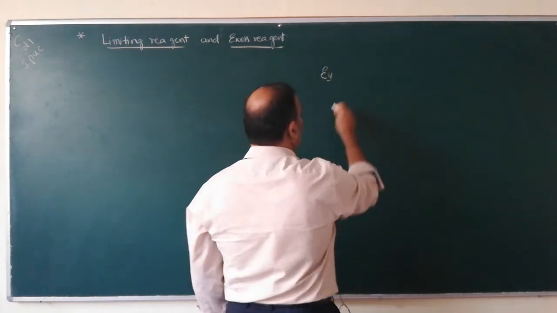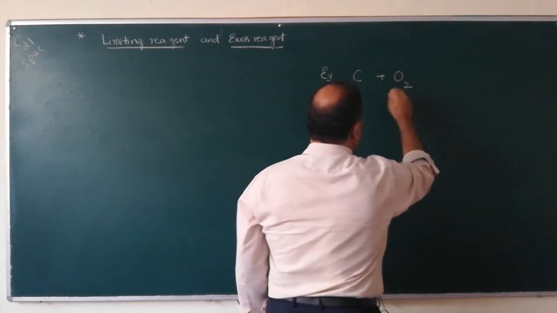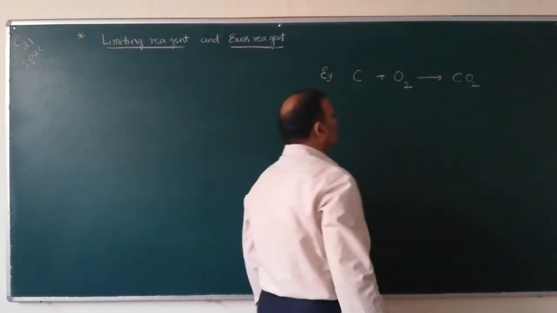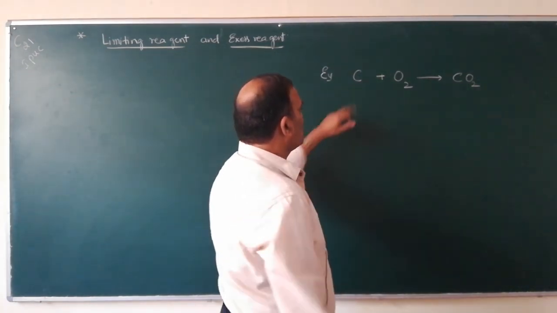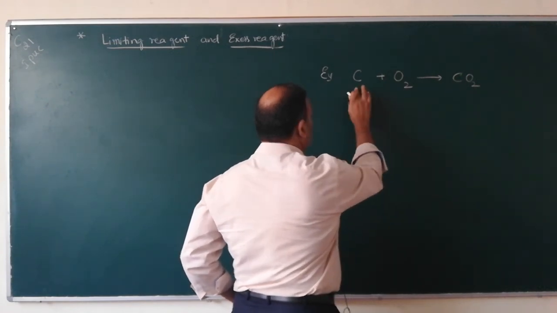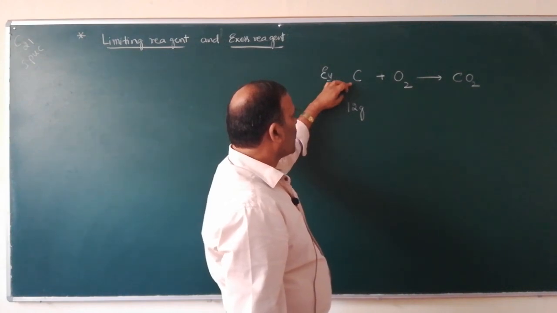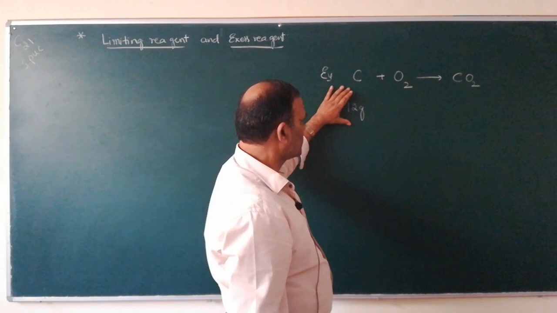For example, carbon combines with oxygen forming carbon dioxide. Here the atomic mass of carbon is 12. If I take 12 gram, it is called 1 gram atomic mass of carbon. It is also called 1 mole of carbon atoms.